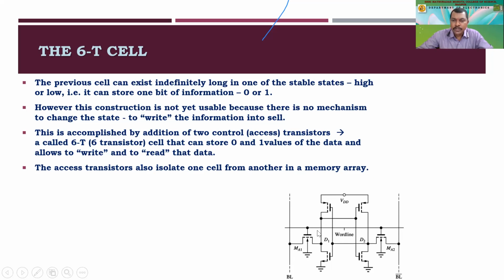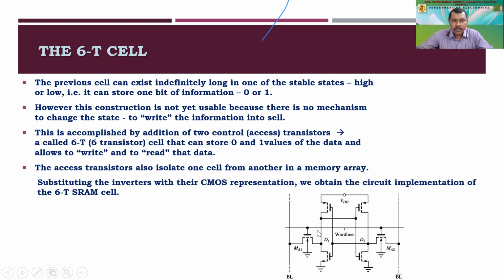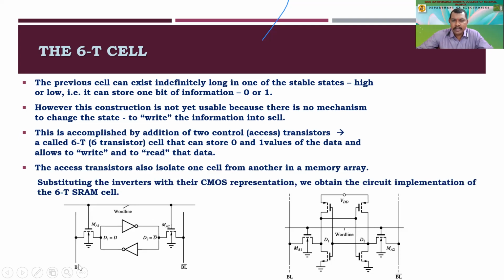So this is actually shown in another example where we can have the circuit, and this can be replaced by the inverter. So it will look like this. So the word line will be on the top of this, and it will appear like two inverters, right?